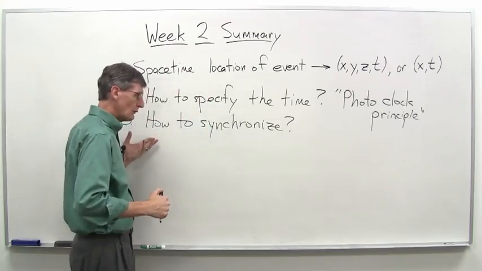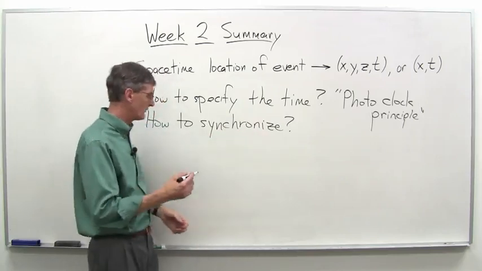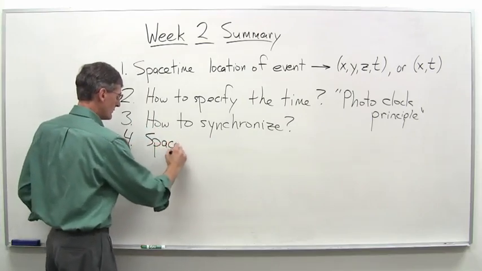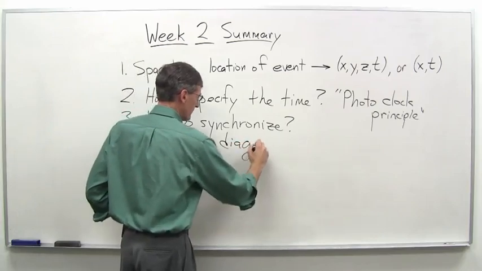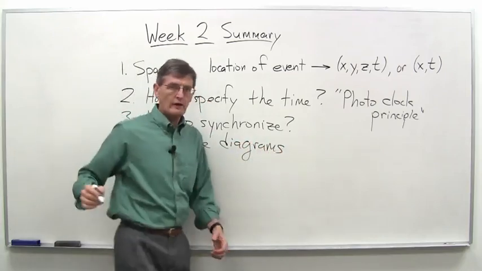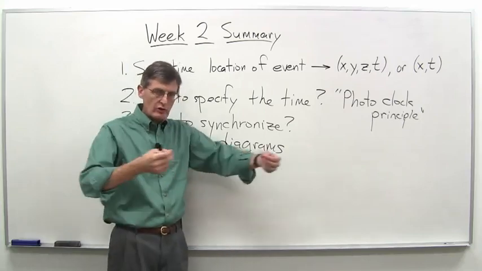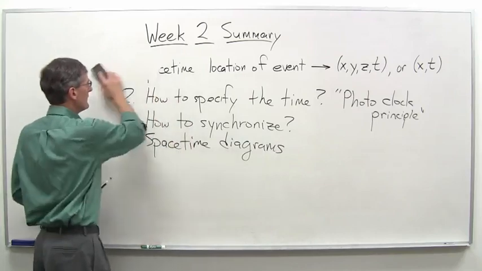So we certainly considered the problem of how to synchronize and talked about those two methods. Then we moved on to space-time diagrams. Space-time diagrams in one dimension only, so we have motion along the x-axis.